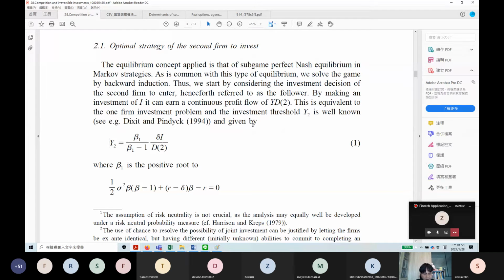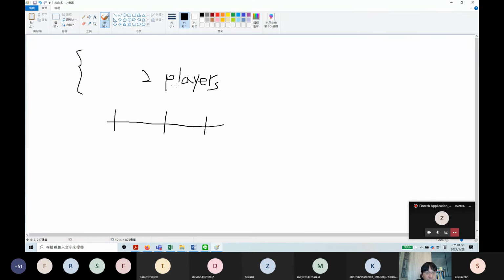Okay, so two players, right? At this moment, player two, the follower, executes its action.